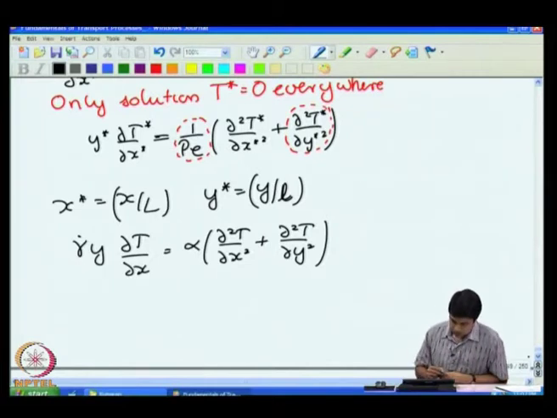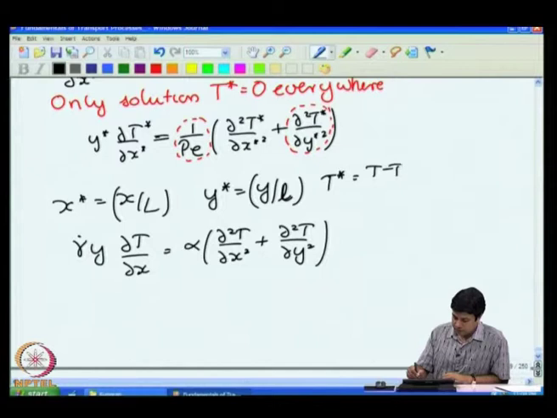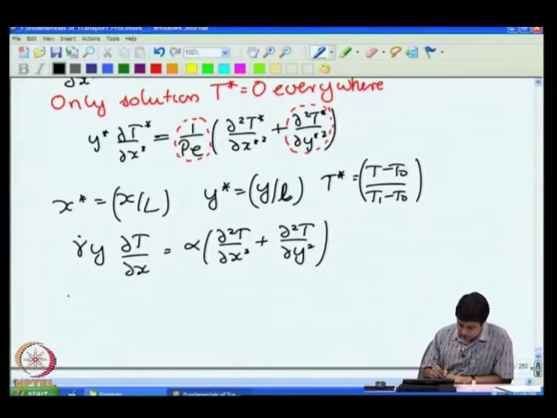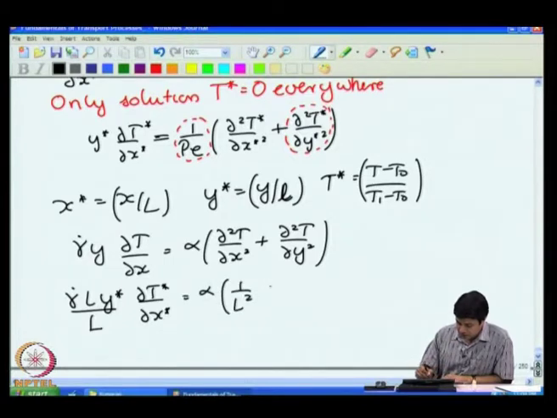And with this scaling, as well as with T star is equal to T minus T naught by T 1 minus T naught, this becomes gamma dot L y star by capital L partial T by partial x is equal to alpha into 1 over L square partial square T by partial x star square plus 1 over small l square partial square T by partial y star square.